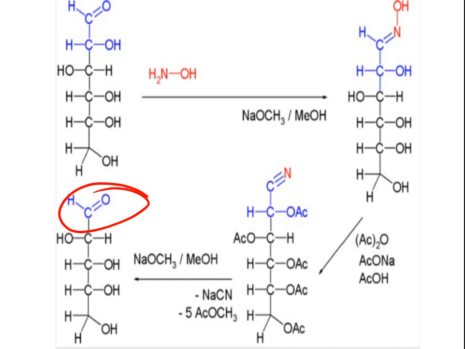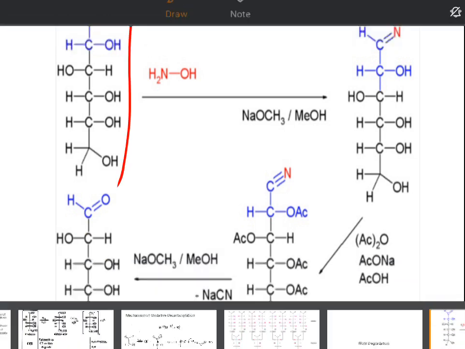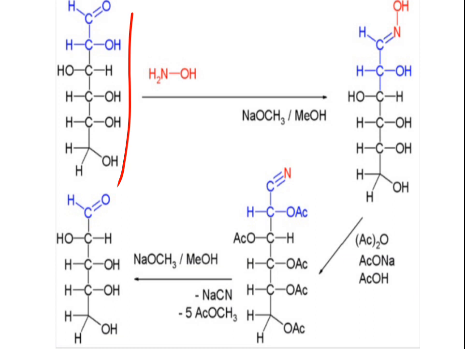But this is actually a lower one, because this carbon is forming the aldehyde here. This is almost similar to the Ruff degradation, but the process is a little bit different, and here hydroxylamine is being used. So you are converting an aldohexose to an aldopentose by Wohl degradation.